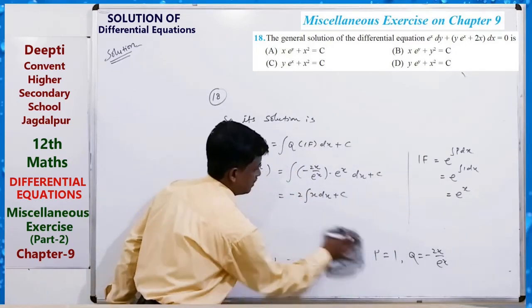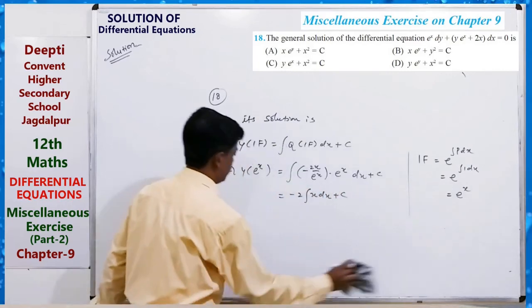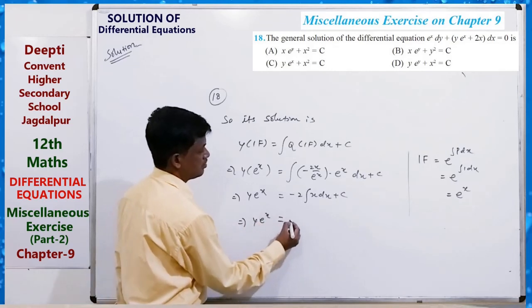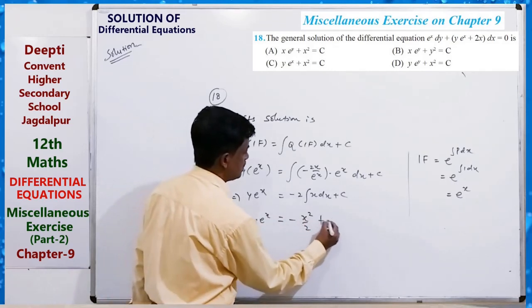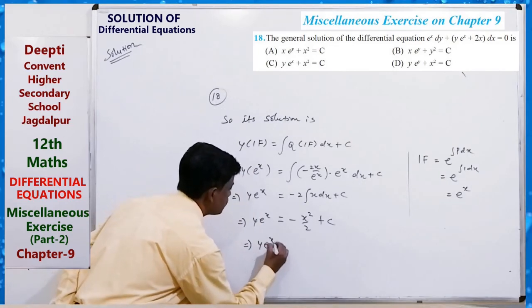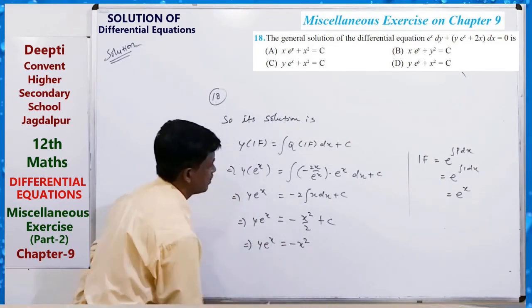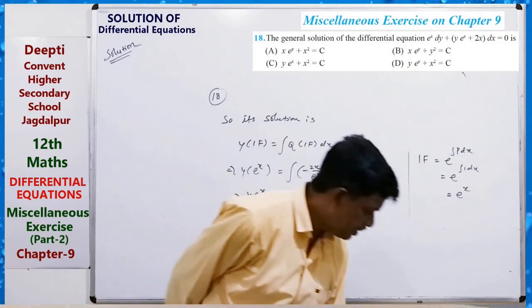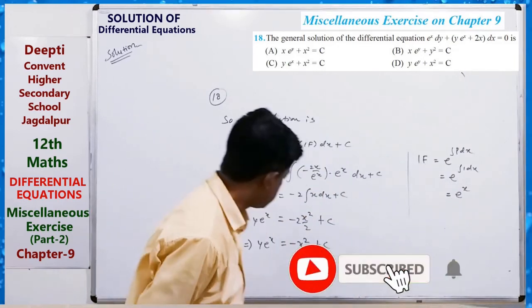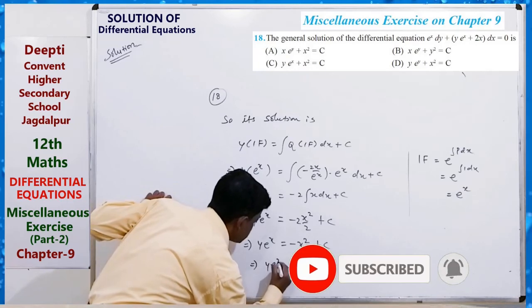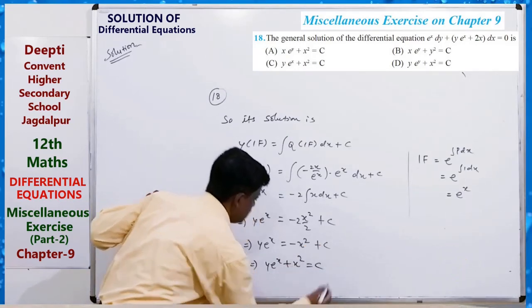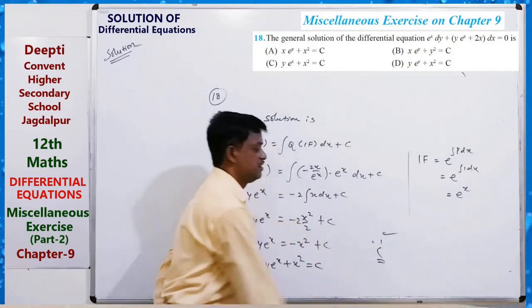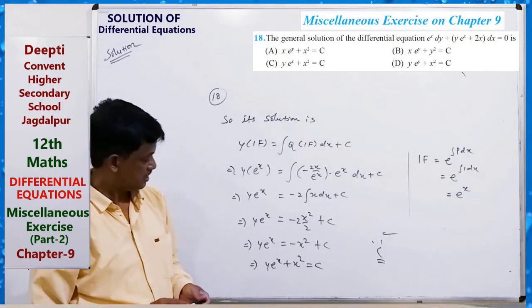So y e to the power x equals minus 2 x square by 2 plus c, that is minus x square plus c. So this is the solution: y e to the power x plus x square equals c. This is given in option C. So its solution is option C. Right, multiple choice question, this is the general solution.